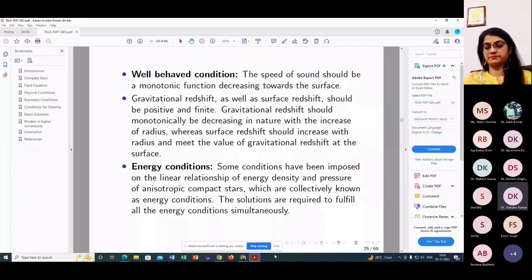So rho minus PR greater than or equal to 0 is the weak dominant energy condition, and if rho minus 3PR is greater than or equal to 0, then this is recognized as the strong dominant energy condition, because in the second one the density is greater than three times the pressure, so obviously the energy dominates the pressure very strongly.